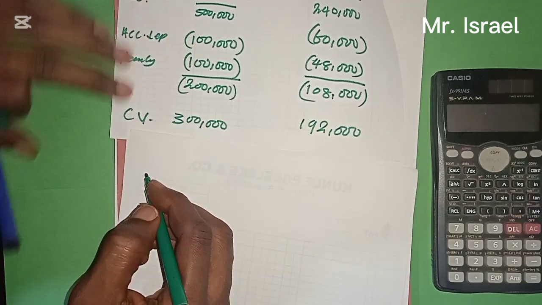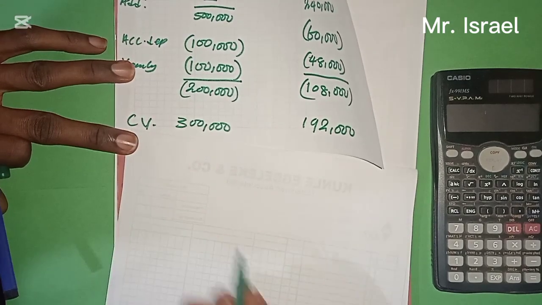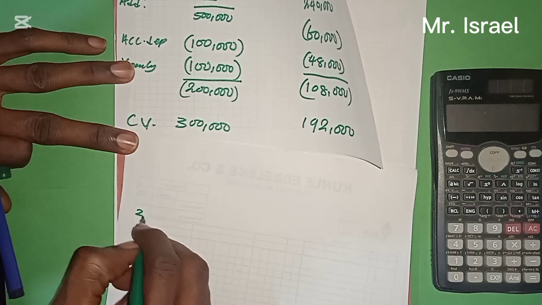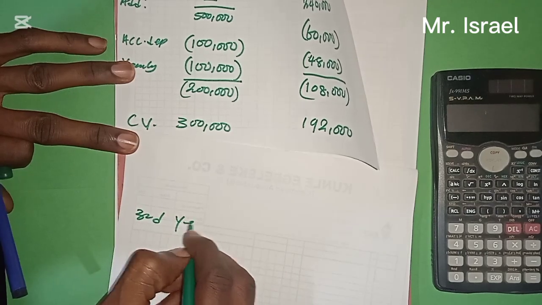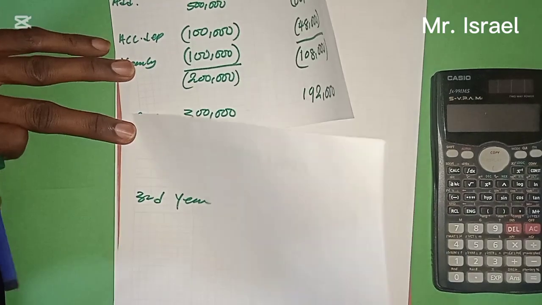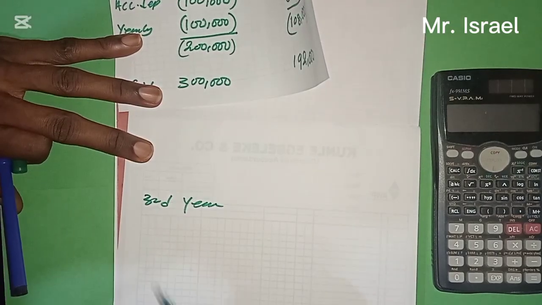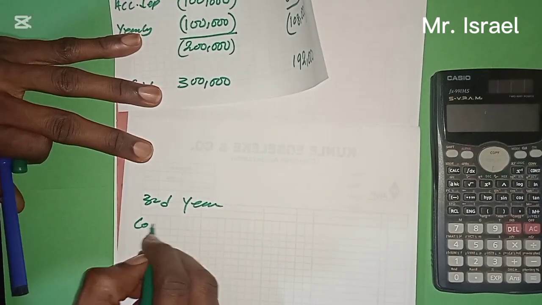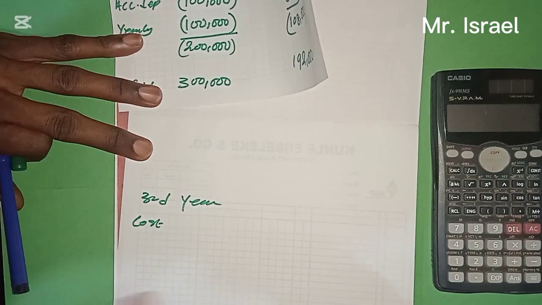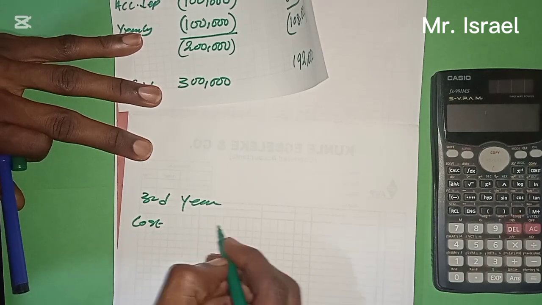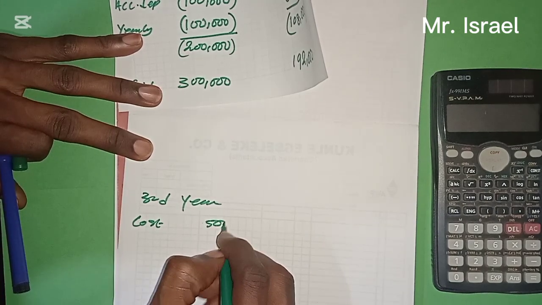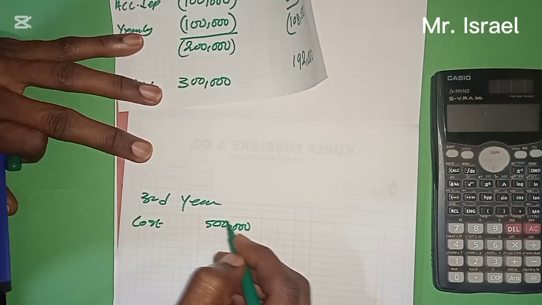Now, third year. Let's start with the cost. I love doing this so that you learn how to prepare the schedule also. The cost here is 500 for straight line.